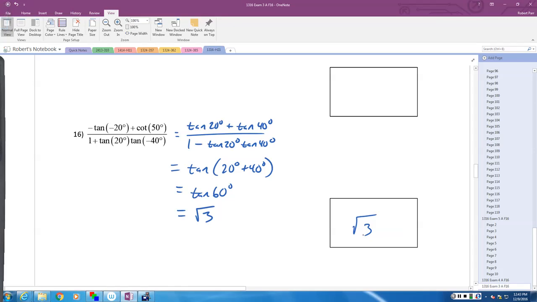I don't know if the culprit is still in the class right now. I don't remember. But I do remember somebody got negative square root of 3, and you got almost 0 credit for it because everything else to get up to that point was completely wrong. Just in case you're out there and you're wondering why. All I did was get the negative. Because you got there completely wrong. If you got to here, tangent of 60 degrees, and you wrote negative square root of 3, I probably didn't take much points off at all. But was it you, Adam? Was it really? Because I remember getting this one wrong.